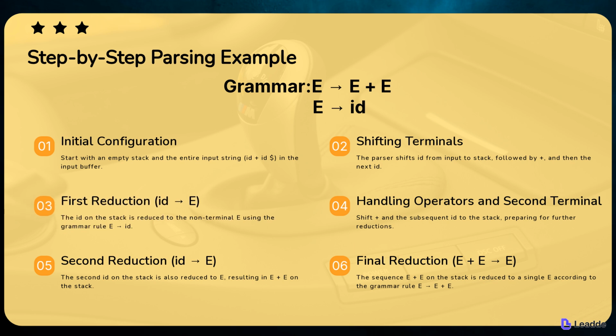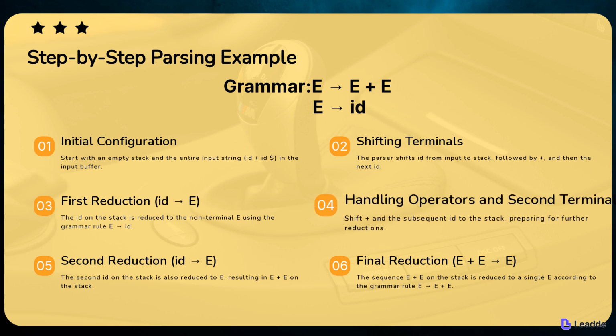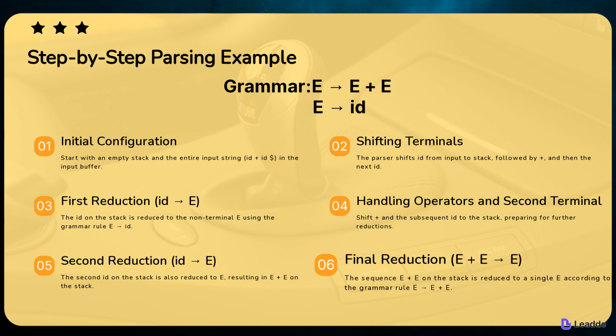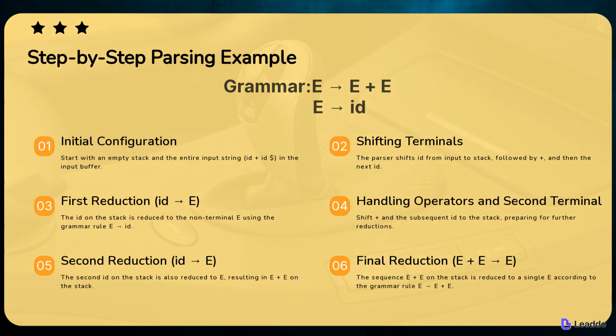Next, the parser handles the operator and second terminal by shifting the plus sign and the subsequent ID to the stack. A second reduction follows, where this ID is also reduced to E, which results in E plus E on the stack. The process concludes with a final reduction, where the sequence E plus E is reduced to a single E according to the grammar rule E derives from E plus E.